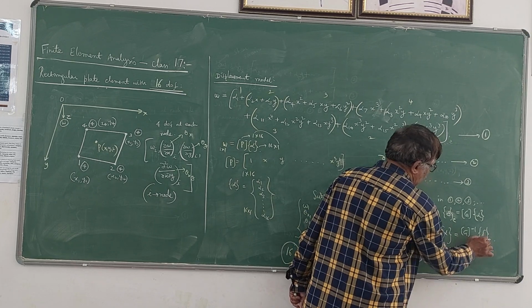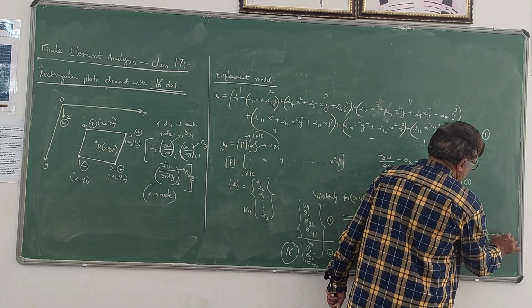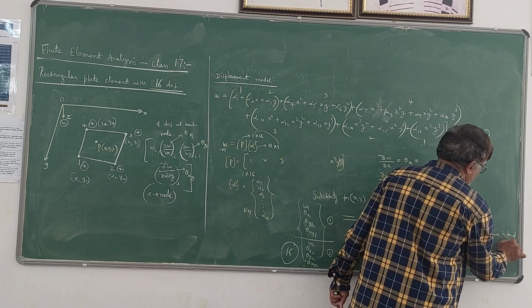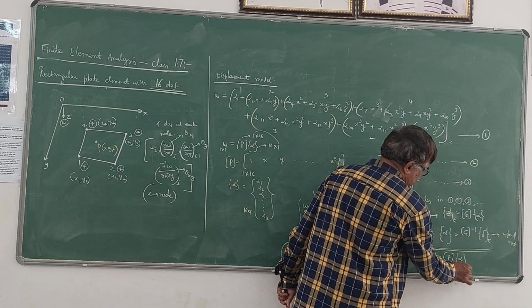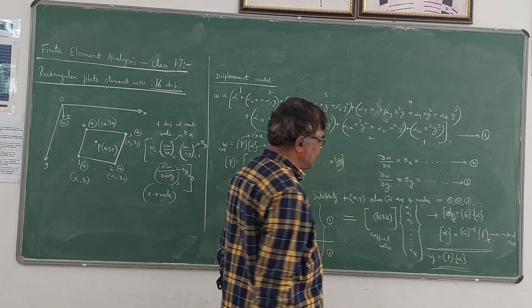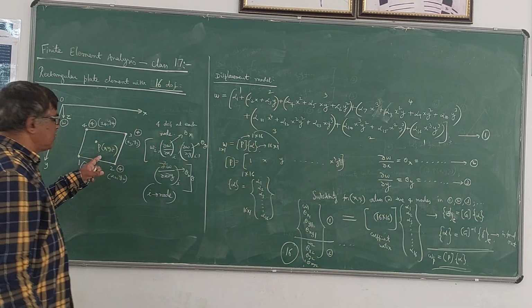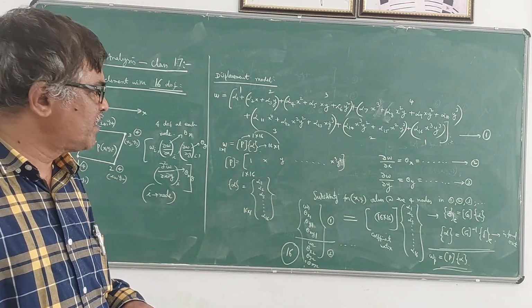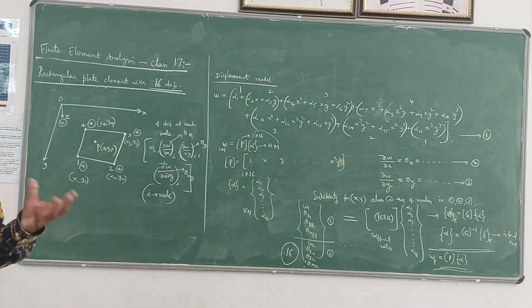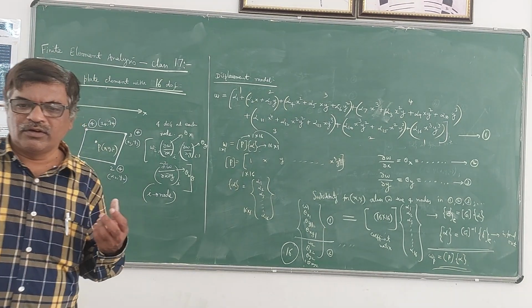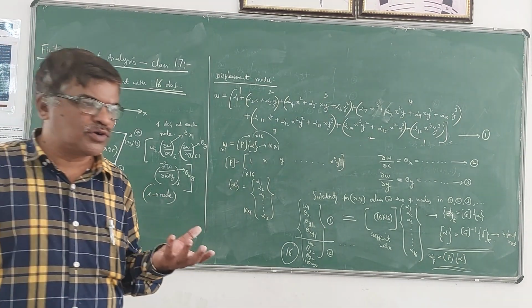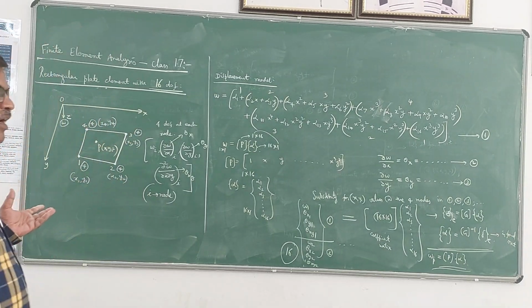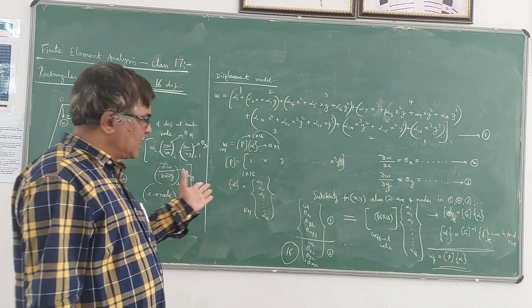Because alpha is known now, from this alpha, we can find out the displacement at any point in the plate element. So this is how we can do the analysis of a 16 degree of freedom rectangular plate element with 4 nodes. Taking 4 degrees of freedom at each node, we can analyze like this.